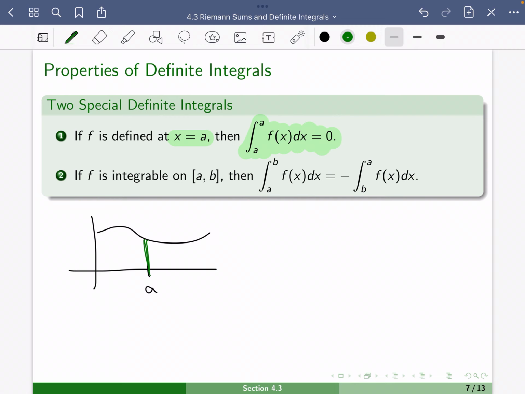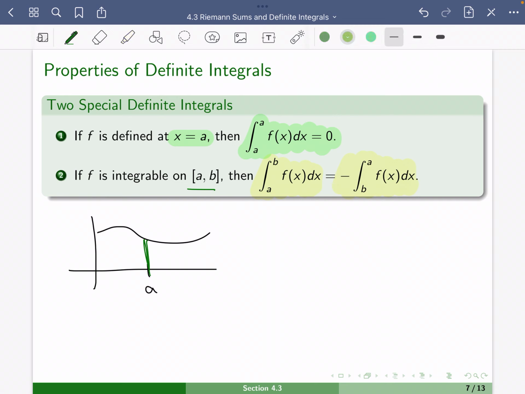If f is integrable on a b, then this other idea is that the integral from a to b of f of x with respect to x is equal to the negative of the integral from b to a of f of x with respect to x. So what happened there?